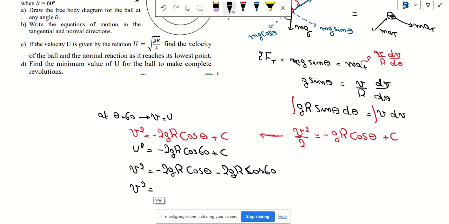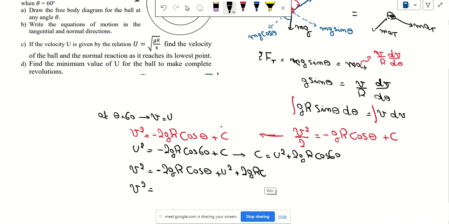Sorry, c is equal to u squared plus 2gr cosine 60. So v squared is equal to negative 2gr cosine theta plus c, which is u squared plus 2gr cosine 60.